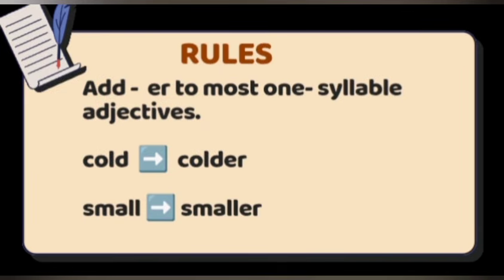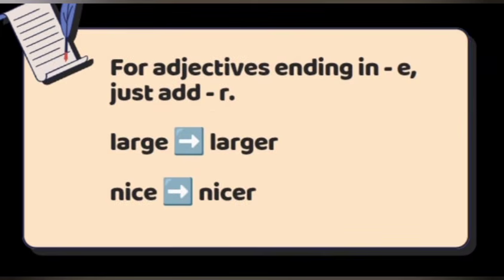Like cold changes to colder. Small changes to smaller. Now here you see cold is a word with one syllable. How one syllable? We cannot break the word cold into more than one syllable. Cold, that's why cold, add er, colder. Small, add er, smaller.